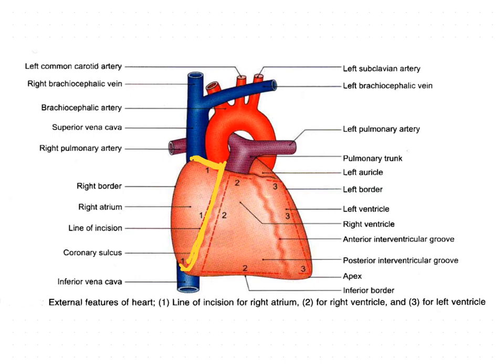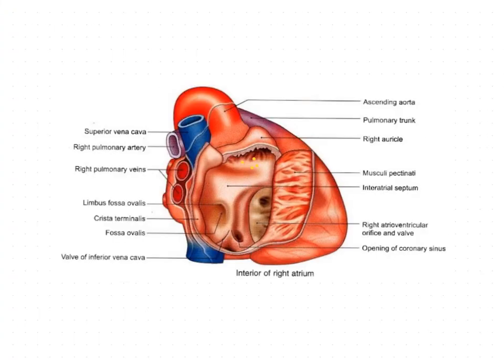Now we are going to see the internal features of the right atrium. Here comes the internal features of the right atrium. This internal structure is divided mainly into three parts.